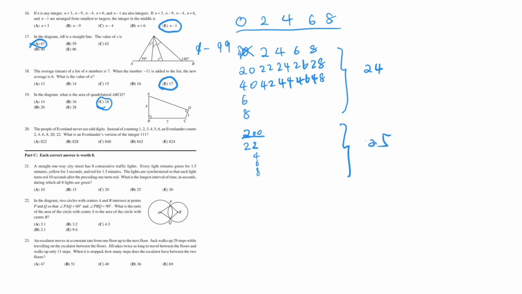After 2, that's 4. All the 400s are another 25. 6, another 25.